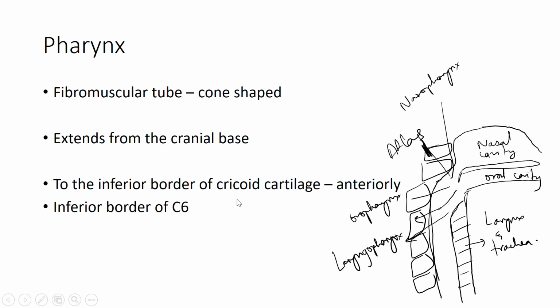It attaches anteriorly to the inferior border of the cricoid cartilage, and posteriorly to the inferior border of the C6 vertebra. So it extends from the cranial base to the level of the cricoid cartilage and C6. Anteriorly cricoid cartilage and posteriorly C6.